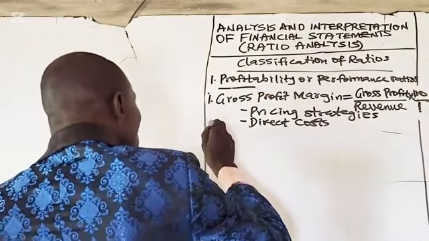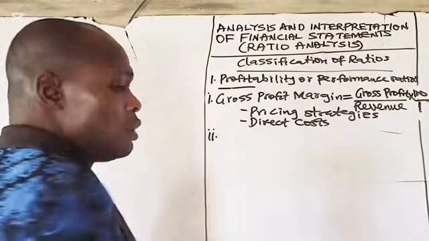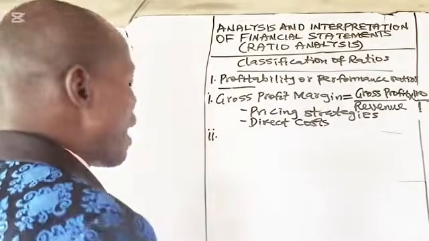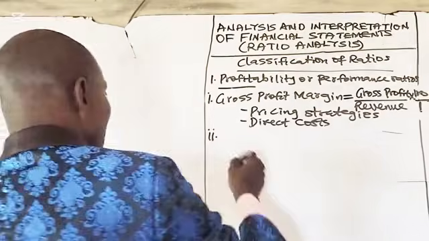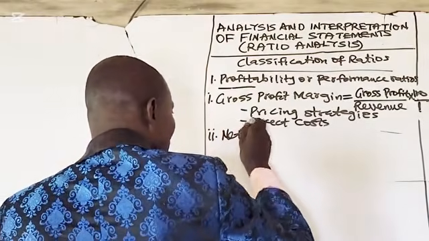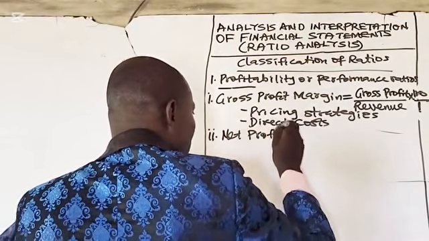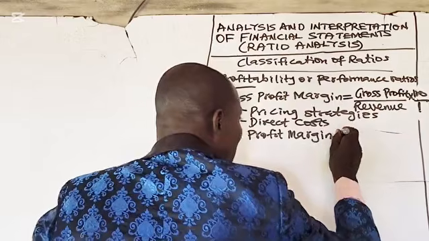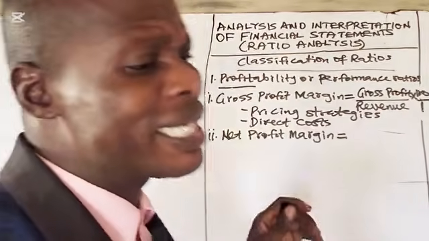Then the number two ratio I will consider that can be used in measuring the performance is the net profit margin. By net profit, it means profit after all expenses have been deducted.